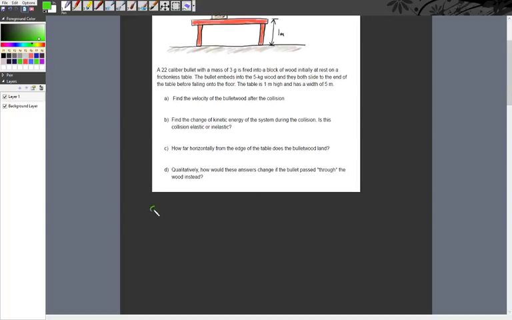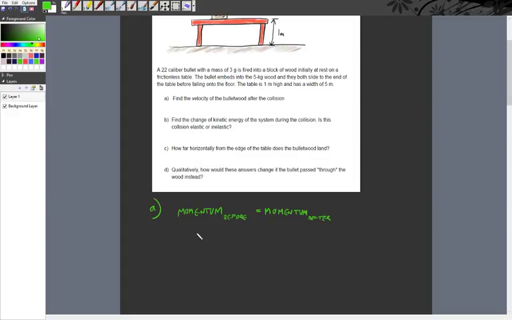To solve part A, all we have to do is set up and say that momentum before the collision is equal to the momentum after the collision.